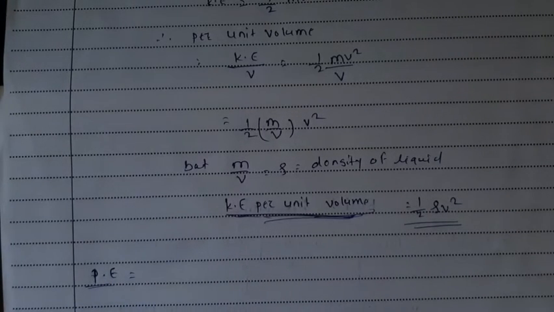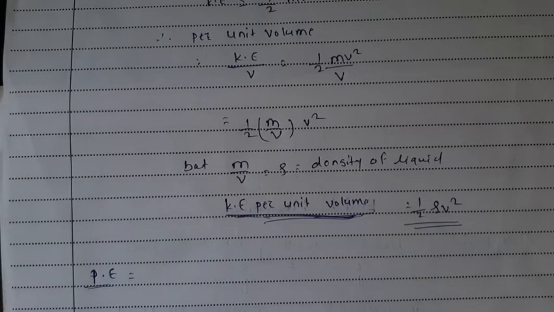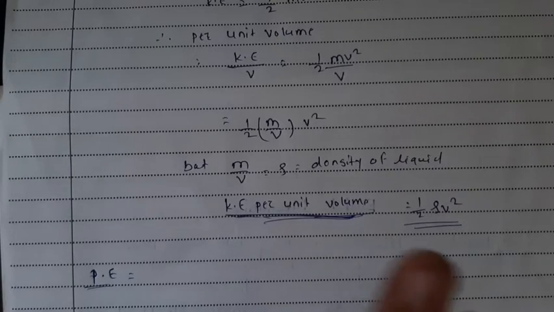Now the next type of energy is potential energy. That is the second type of energy. All of us know potential energy is nothing but energy stored by a body by virtue of its position or configuration.